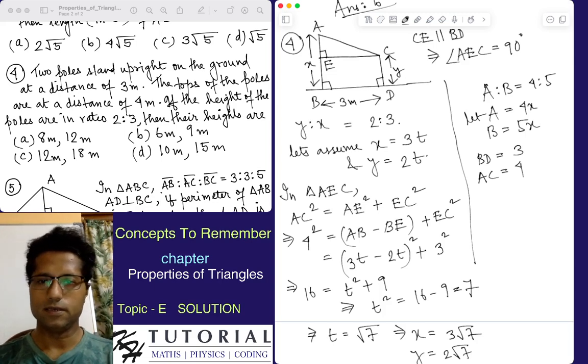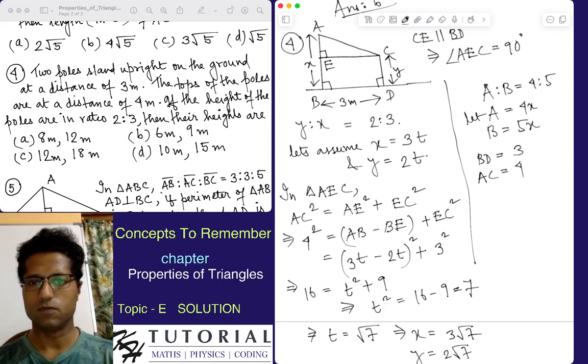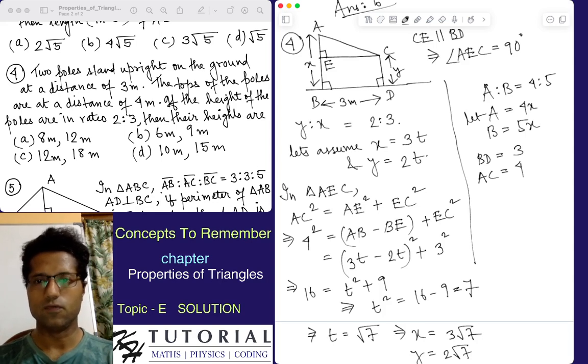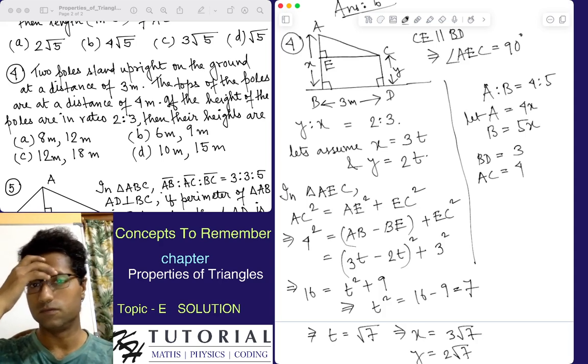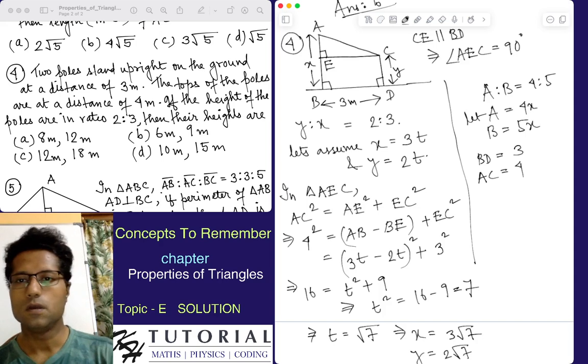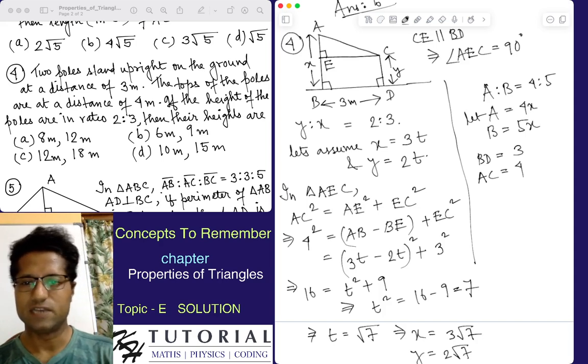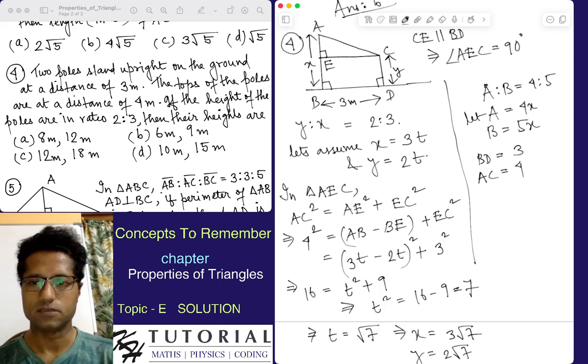Now in triangle AEC we will have AC square equals AE square plus EC square. AC is 4. Now 4 square is equal to AE square plus EC square. What is AE? AE is the difference of height of the poles, which will be x minus y whole square, and x is 3t and y is 2t.